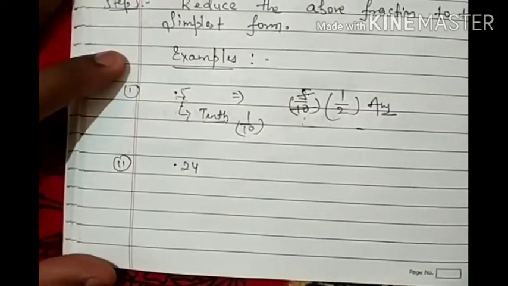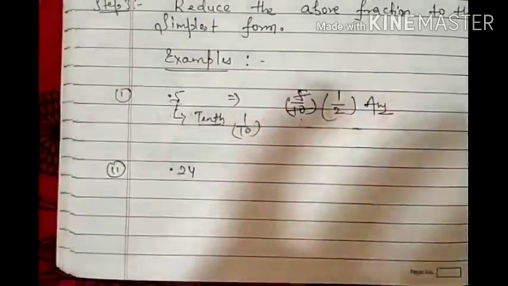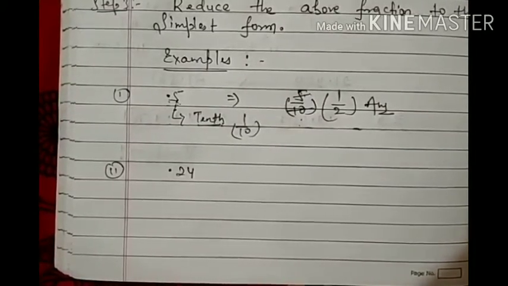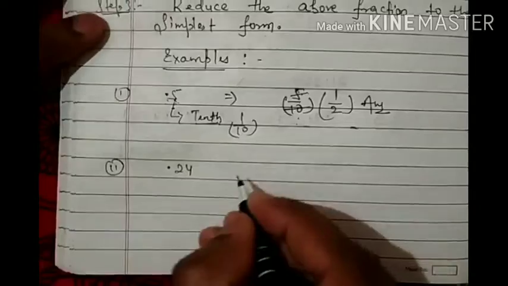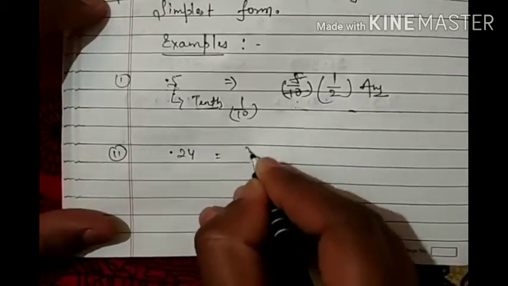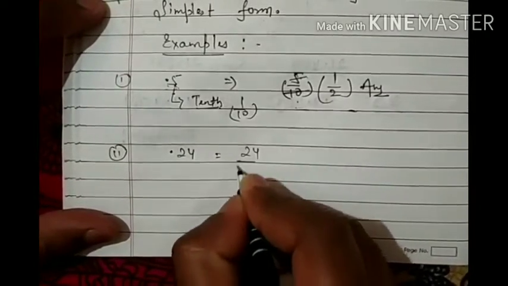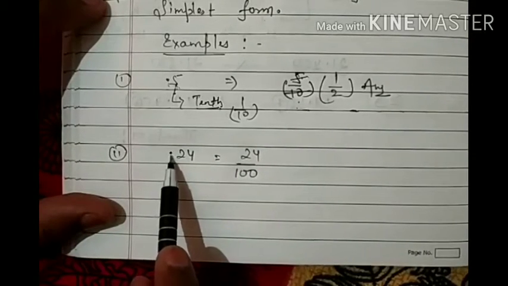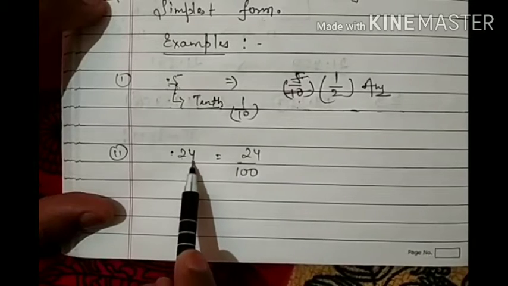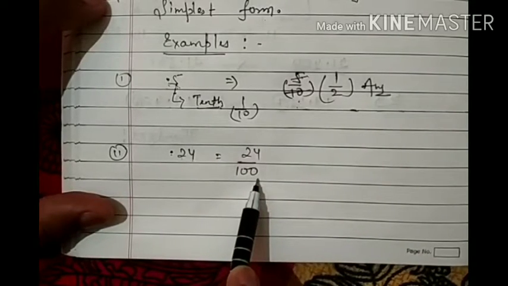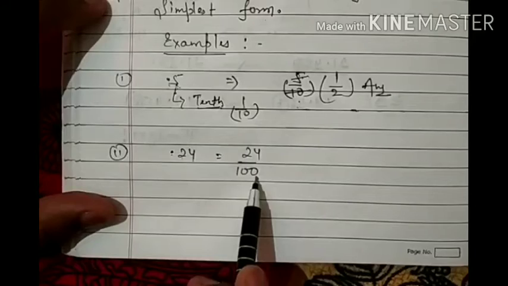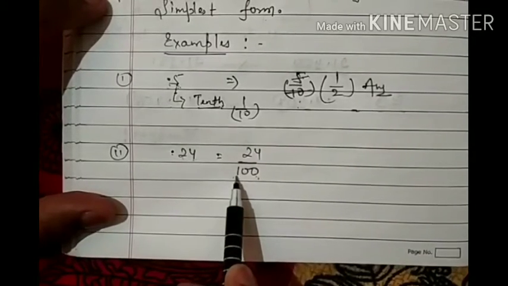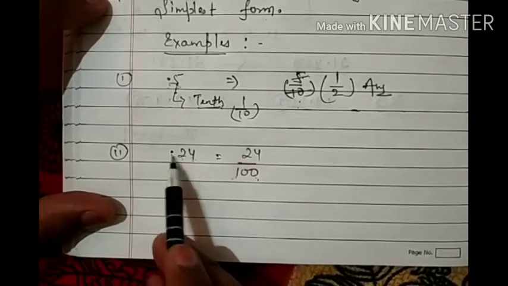0.24. How can we solve it? 0.24 can be written as 24 by 100. Why 100? Because on the right side of the decimal point we had 2 digits, and 2 digits signify 100, that is 2 zeros followed by 1, or simply we can count 1s, 10s, 100s.